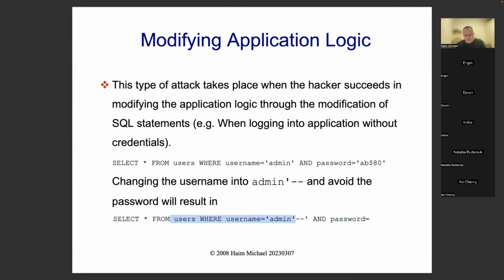So the actual statement is select from users where username equal admin. So we actually get a reply from this statement. And if this is the way the application logic verifies username and password, then we find ourselves getting into the website even though we don't have the password.